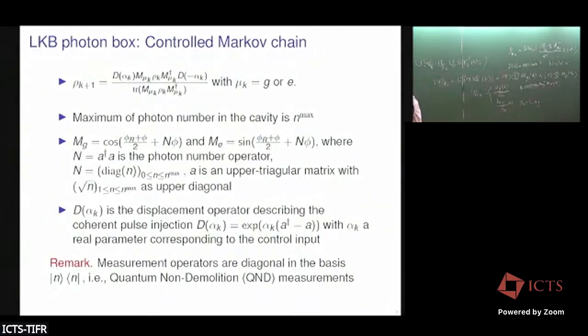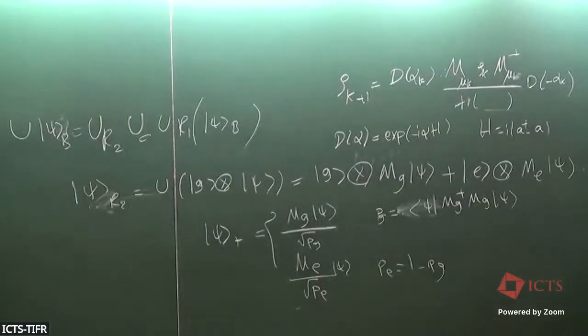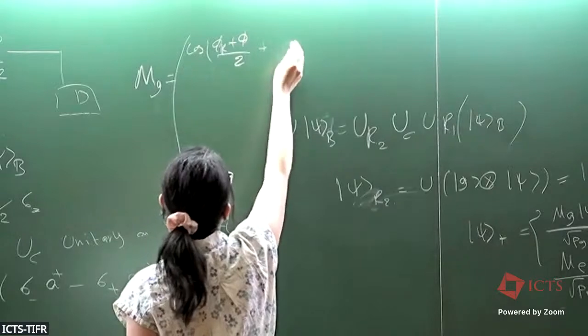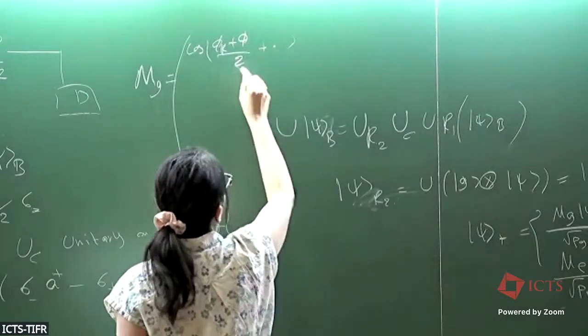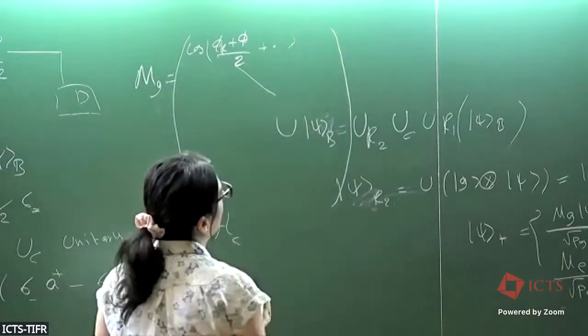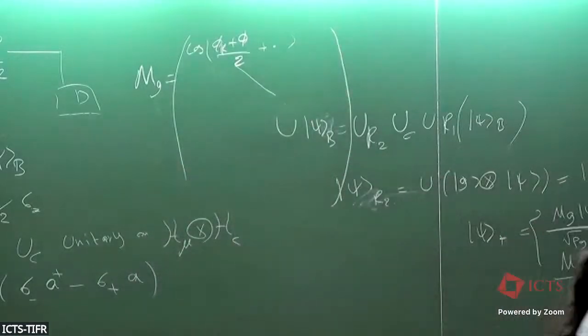So it's sufficient, for example, to have cosine of phi r plus phi over 2 here plus 0 photon, right? And so on. So you obtain your measurement operator, which is diagonal, and Me is also a diagonal operator.